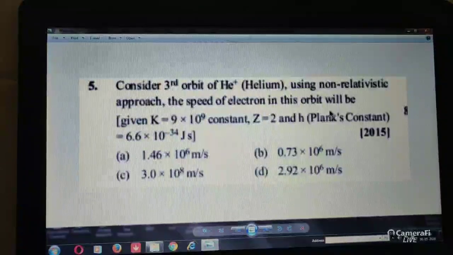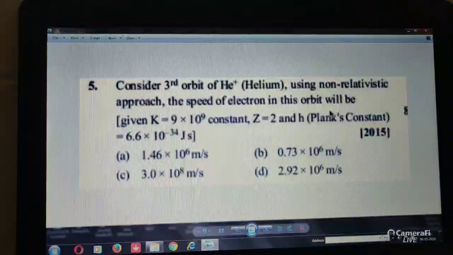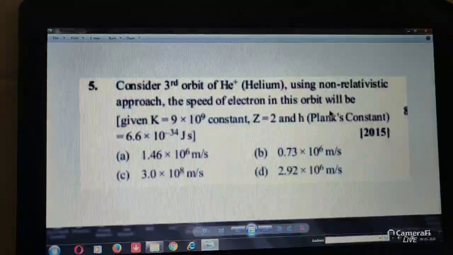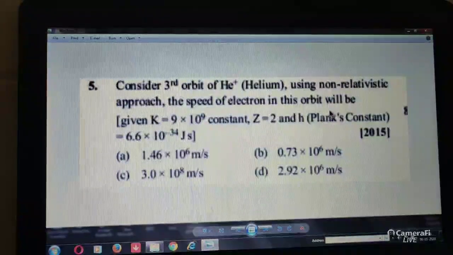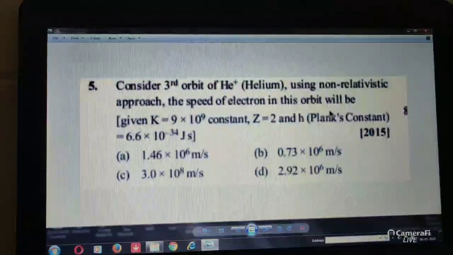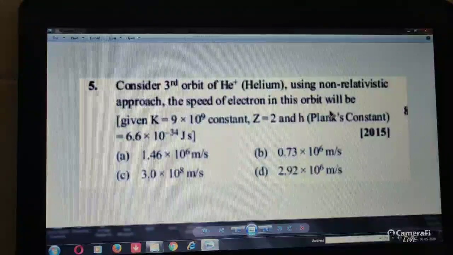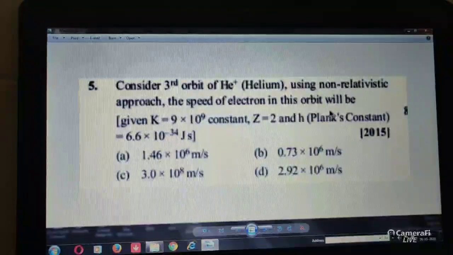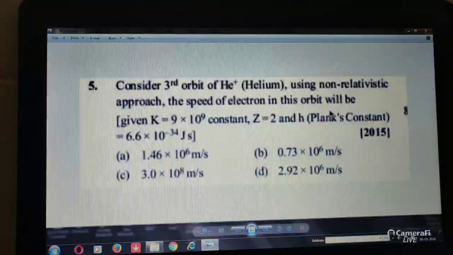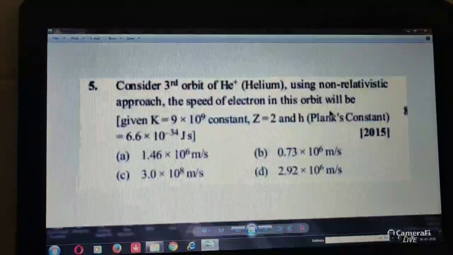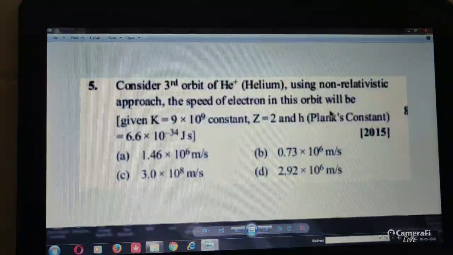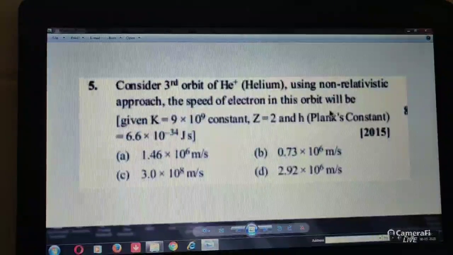First you should know the general relation between that particular orbit and the speed. If you know that formula, you can directly apply it to any atom. For that atom you should know the Z value, and the orbit will be given. So if you apply that Z value and n value, immediately you can get the answer.